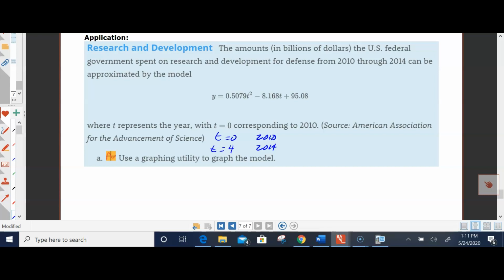So let's work on graphing this model, but we want to make sure t is basically our x values. When we graph it, we want to start at x equals 0 and stop at x equals 4. We just want to look between the years 2010 and 2014.